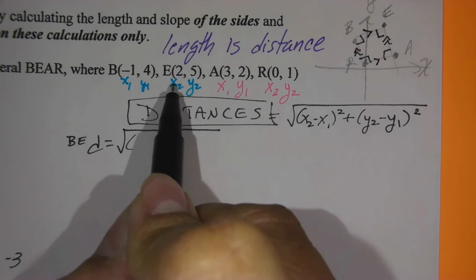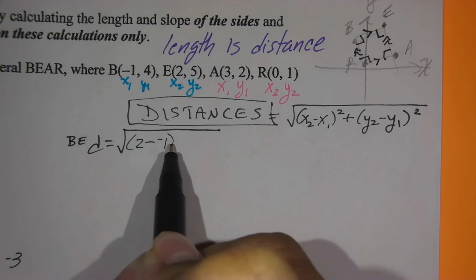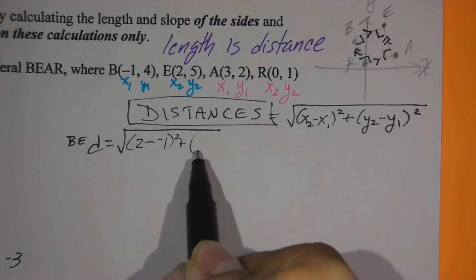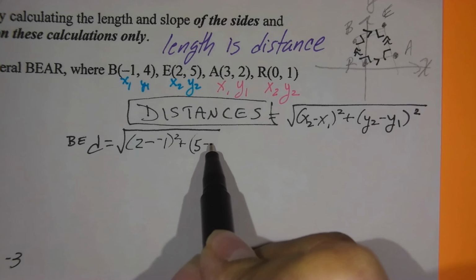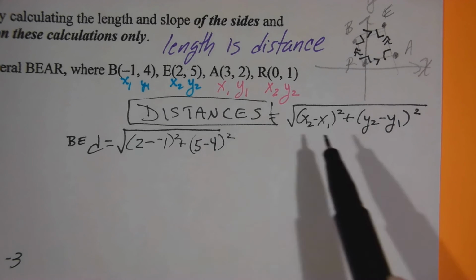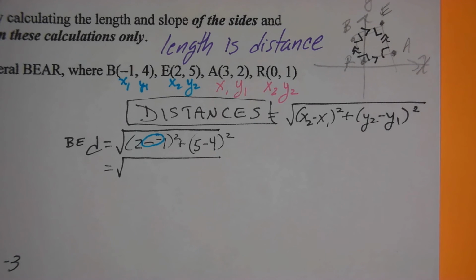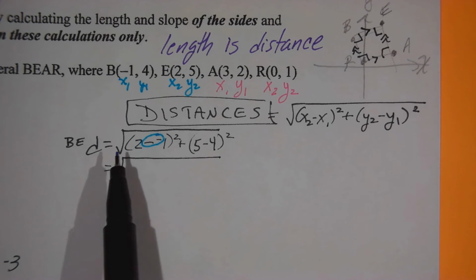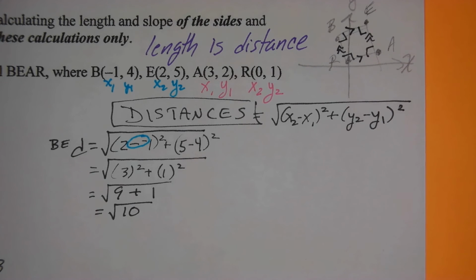So x2 is 2 minus x1 is negative 1 squared plus y2 is 5 minus y1 is 4 squared. So we're going to go ahead and do that math and check it. Don't forget you have minus and negative, which turns into a plus. After everything, you should have gotten the square root of 10.